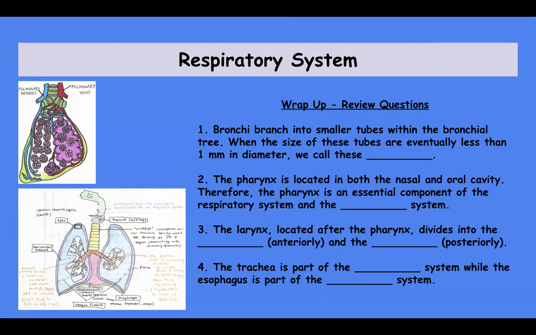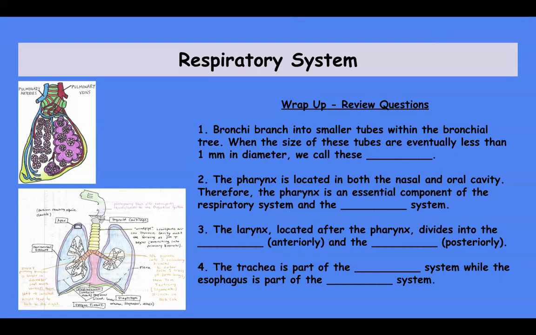So therefore, let's think about this kind of big picture. When we think about the pharynx, knowing that it's both part of the nasal and the oral cavity, it is an essential component of the respiratory system, of course, and we talked all about that, but also a different system. And we're actually going to talk about that system later on. What system do you think that is? Yep, I'm seeing some comments.